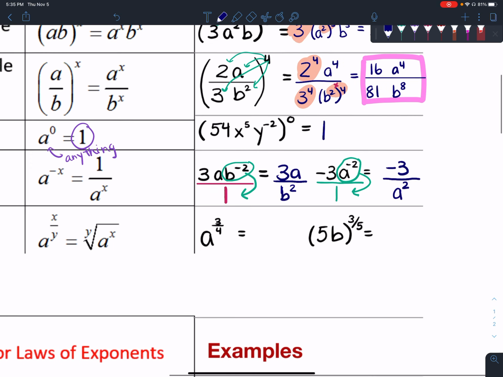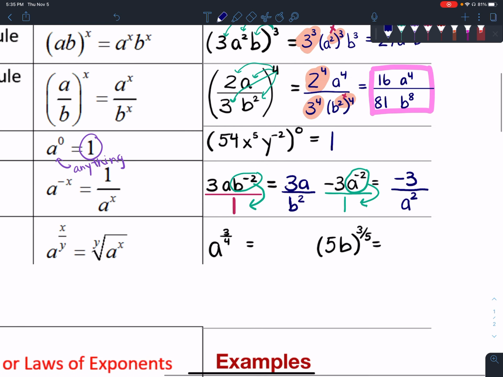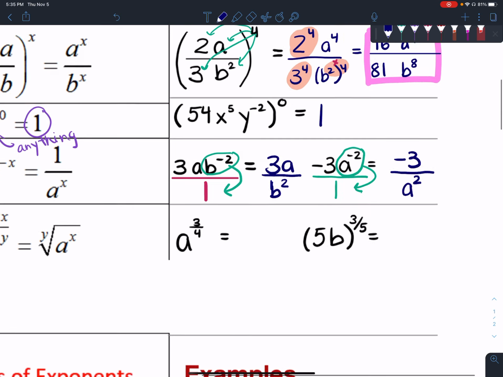On to our fractional exponents. So we haven't been dealing very much with these. I don't expect that you'll see very much of them for the rest of the year, but it's still good to keep this in mind. So when you have a fractional exponent, this gets changed to a radical.